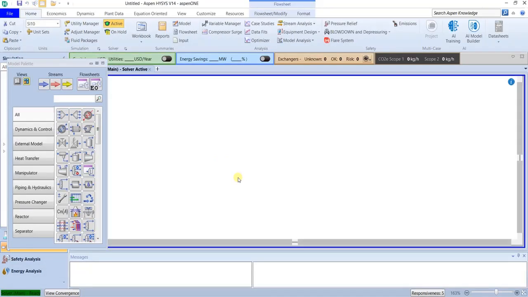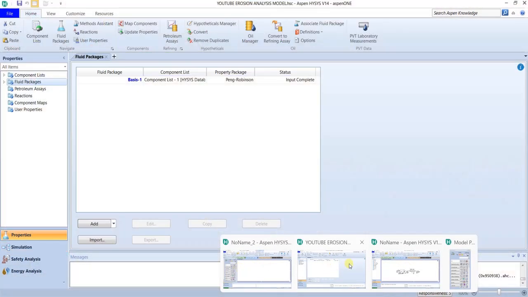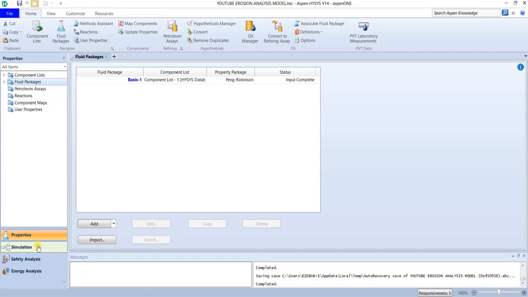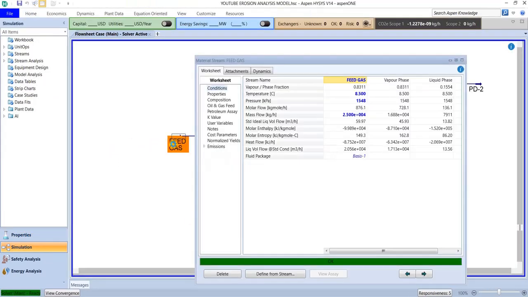All right, so we are in the simulation environment. We just make use of the data that we have in this particular model. So we are using the feed information here.